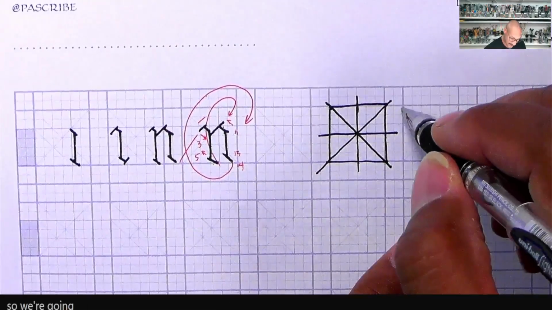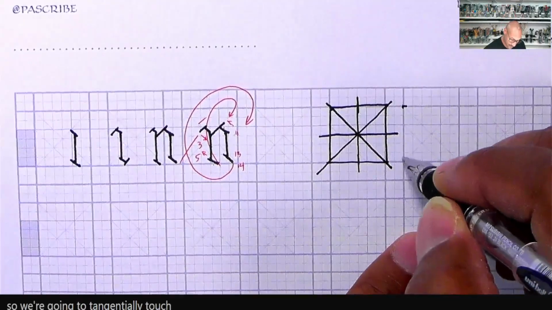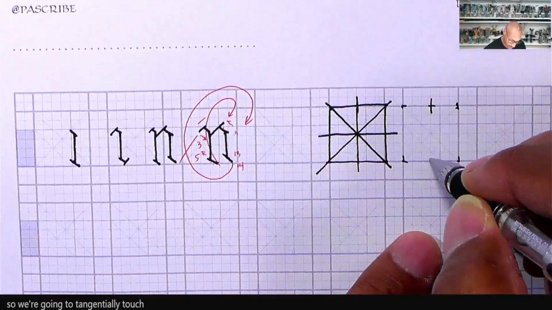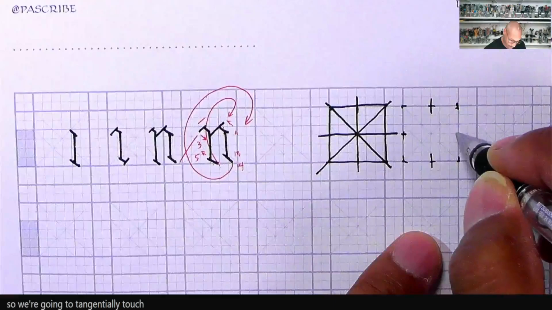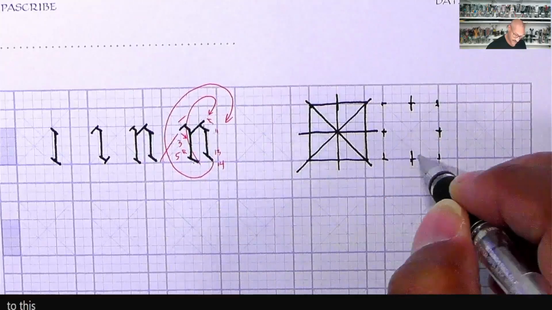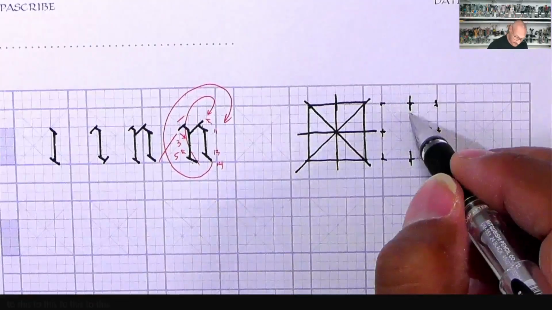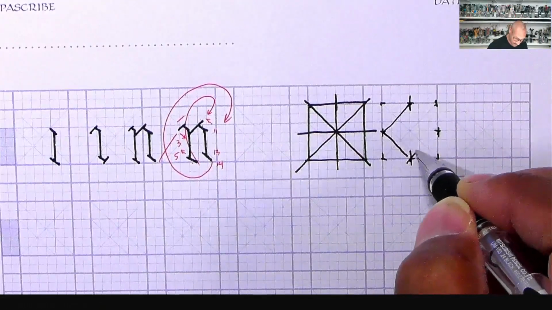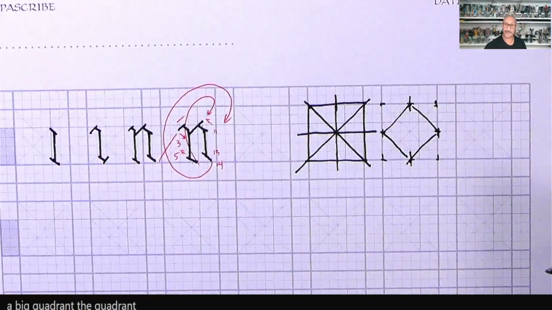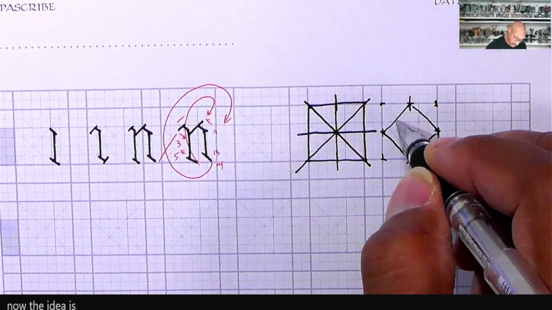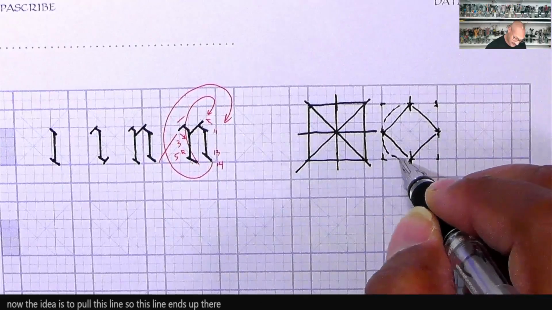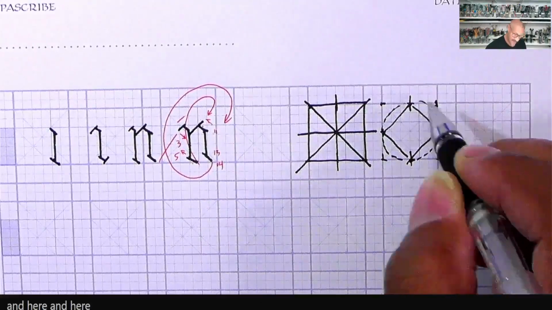So we're going to tangentially touch this to this, to this, to this, to this. So that would give us a quadrant, a big quadrant, but quadrant nonetheless. Now the idea is to pull this line, so this line ends up there, and here, and here, and there.